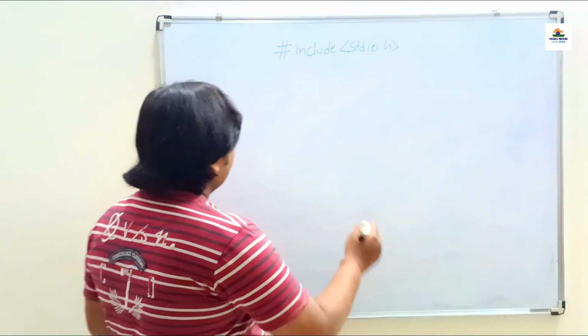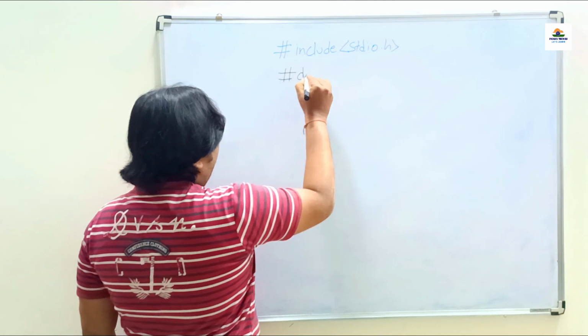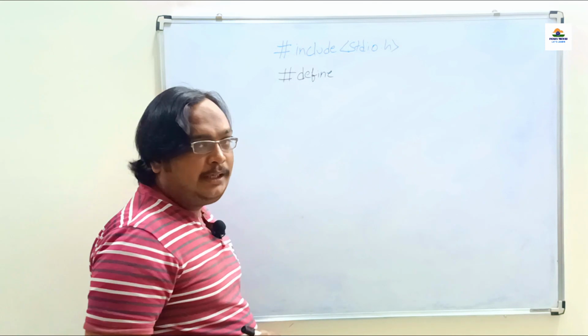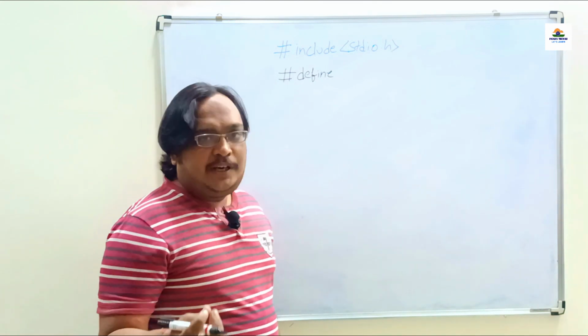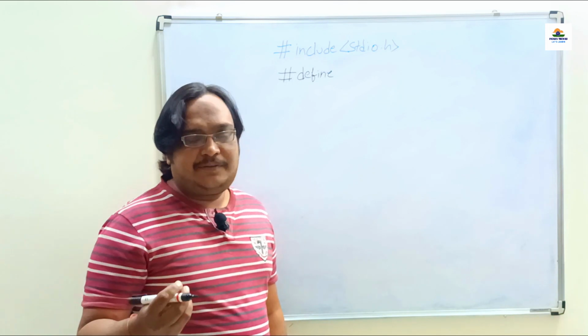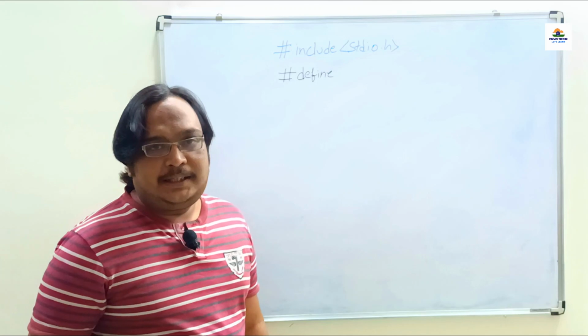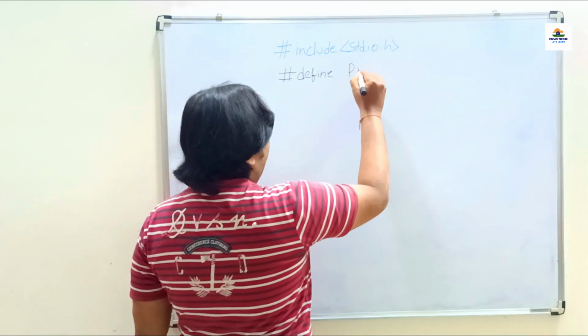Now, how to define? That is #define. After that, what is the shortcut I want to keep? So for the 3.14 in pi r square, instead of writing that value directly, we can write it like pi. That is, as a shortcut, I am writing pi.